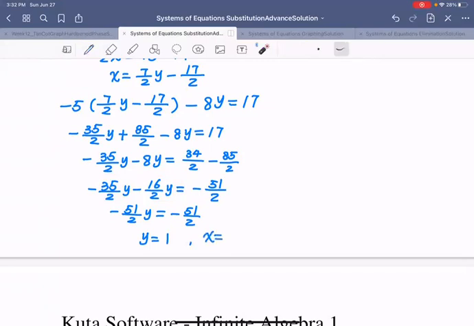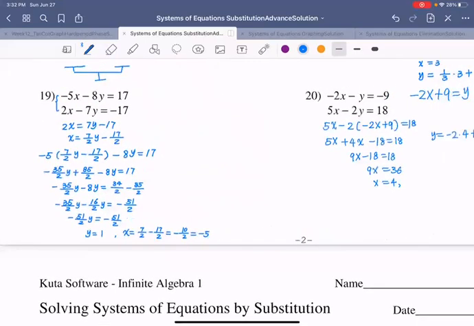Go ahead. So x would be 7 over 2 minus 17 over 2. And that would be negative 10 over 2. It should be negative 5. Very good. Well, this question becomes a little bit complicated, right?